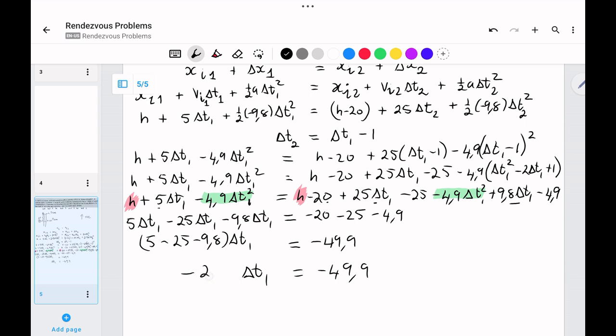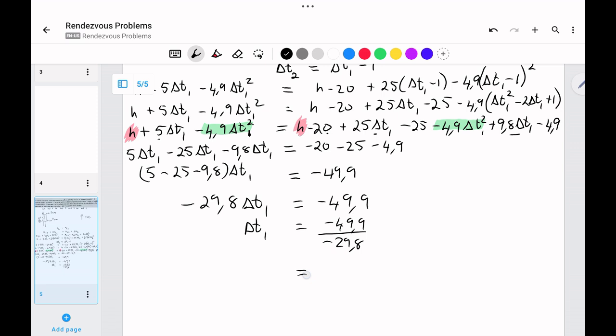It's minus 29.8. So delta t1 is simply minus 49.9 all over minus 29.8. This is going to give us 1.67 seconds.